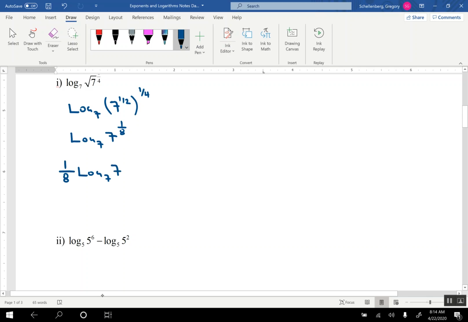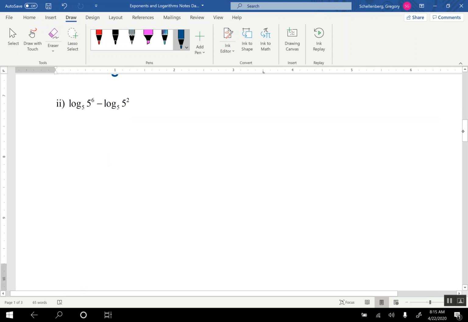Okay, now this is 1/8 times log base 7 of 7. And this is one of our little tricks here. Log base 7 of 7, that is 7 to the power of what is 7? Well, 7 to the power of 1 is 7. So this whole expression goes to 1. Okay, so 1/8 times 1 is 1/8, and that's our solution.